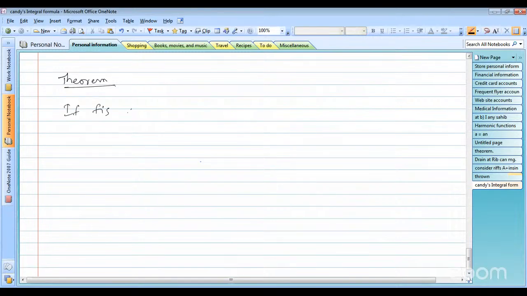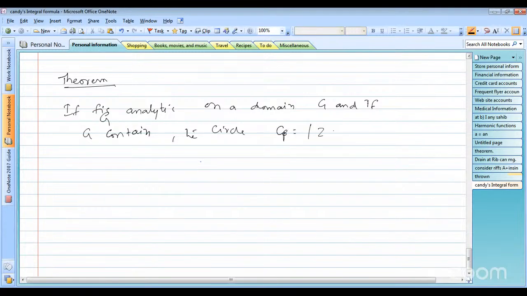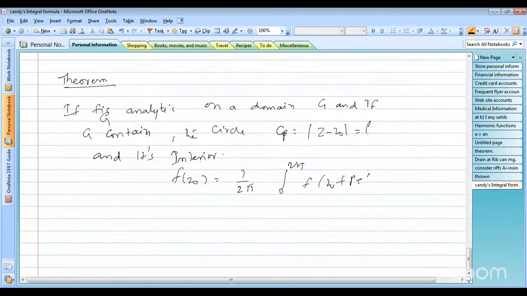If f is analytic on a domain G and if G contains the circle C rho, that is modulus of z minus z naught equal to rho, and its interior, then f of z naught is equal to 1 by 2 pi, integral from 0 to 2 pi of f of (z naught plus rho e power i theta) d theta.